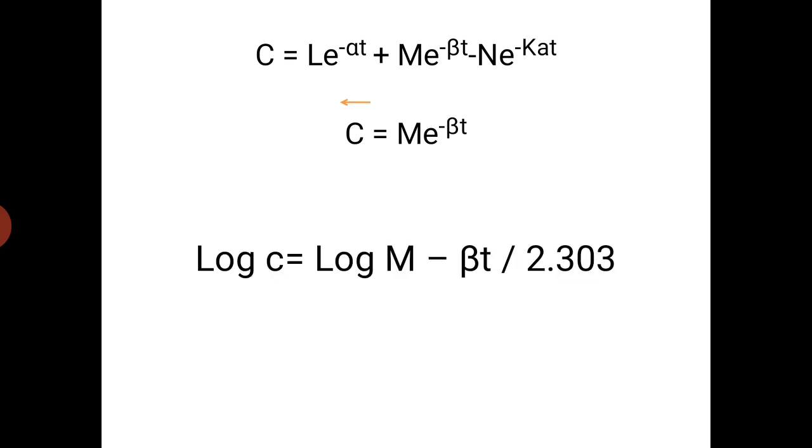Taking the logarithm, you will get log C is equal to log M minus beta t divided by 2.303. So this happens only in the elimination phase. So here log C back extrapolated is equal to log M minus beta t by 2.303.